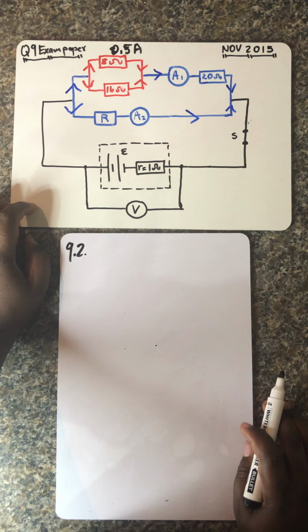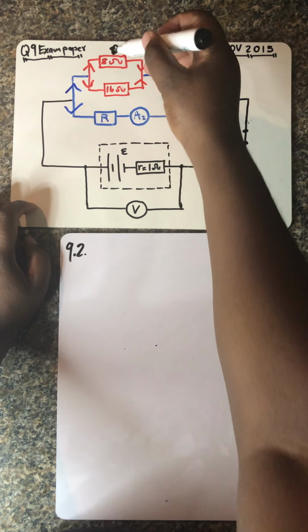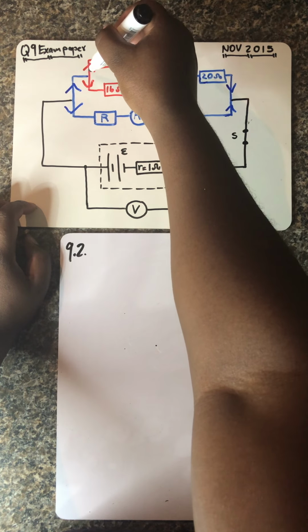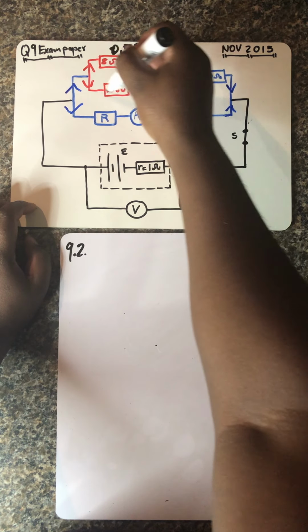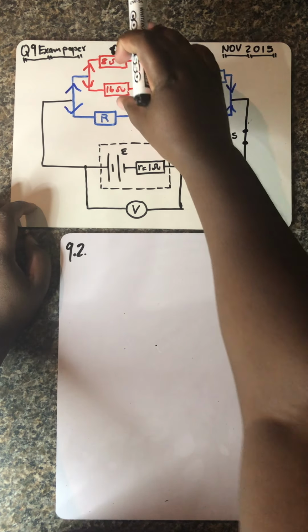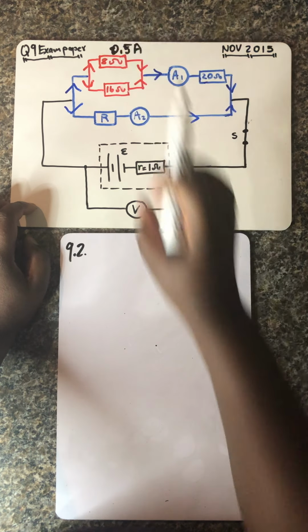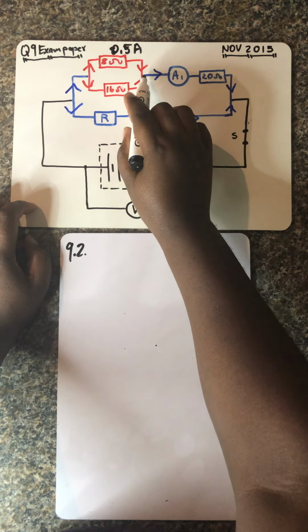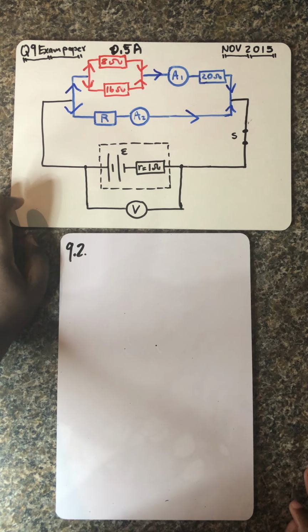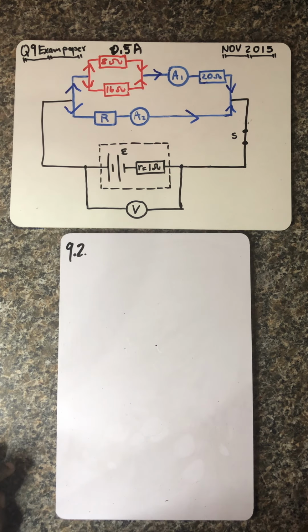Okay, so that means we can calculate the current flowing there and there, and we know the sum or the combination of these two currents is the same as the current passing through ammeter 1.